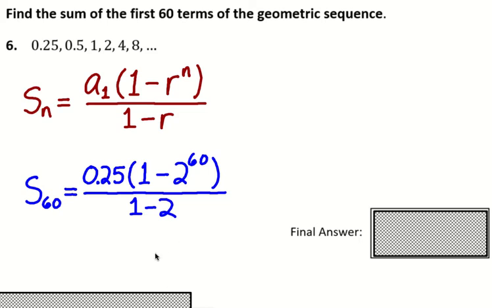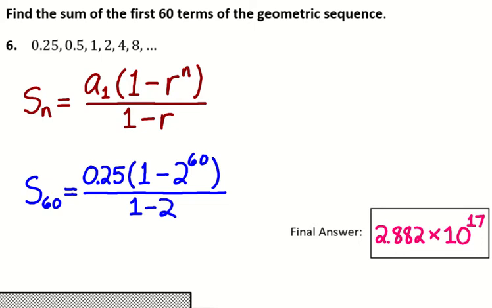So hit the N over D button first, then throw all this in here with the parentheses and everything, and the 1 minus 2 underneath, and it should tell you that rounded probably to the 3 decimal places, that is our answer.